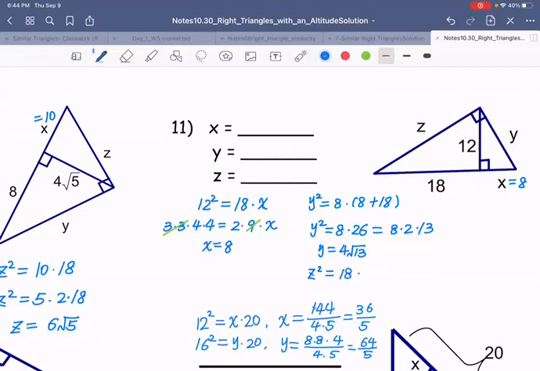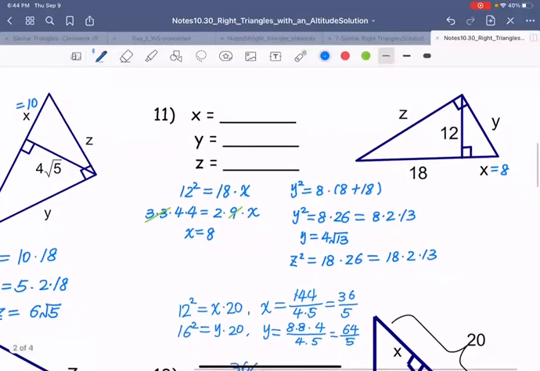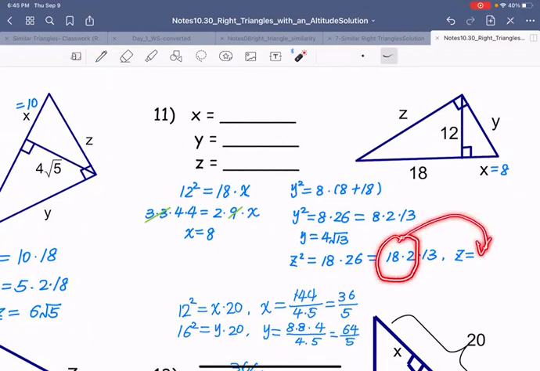Is 18 times 26, which is... Is 4 square root 13. Wait. It's 36, square root is 6.